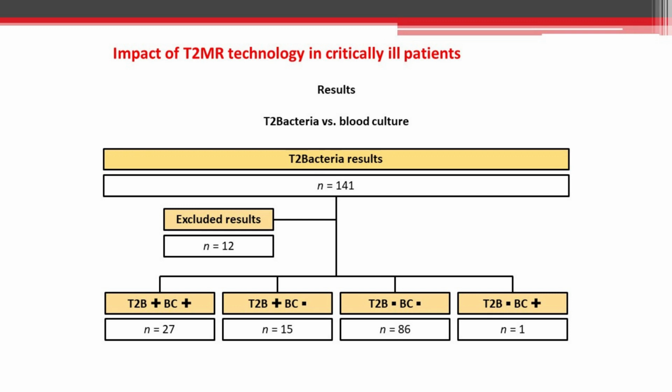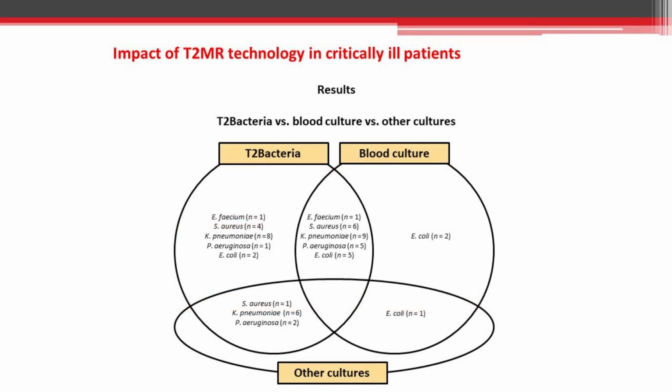So we have 27 cases of T2 bacteria positive and blood culture positive, 15 with T2 bacteria positive and blood culture negative, 86 with T2 bacteria negative and blood culture negative, and just 1 case where the T2 bacteria could not pick up the pathogen. So I just wanted to express the results in a different way.